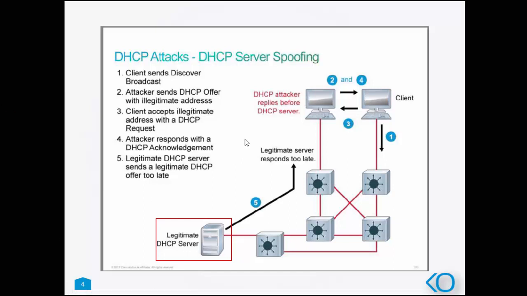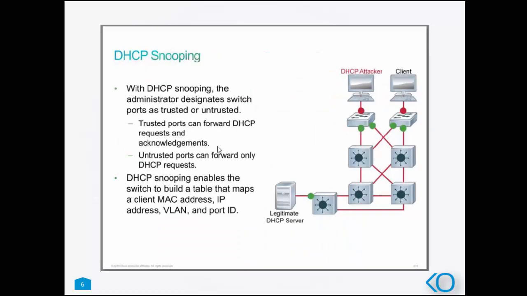So how can we mitigate this problem? We can mitigate this problem by using DHCP snooping. To configure DHCP snooping, we will make a port trusted wherever the DHCP server is connected. So the trusted port can forward DHCP offers and acknowledgements.